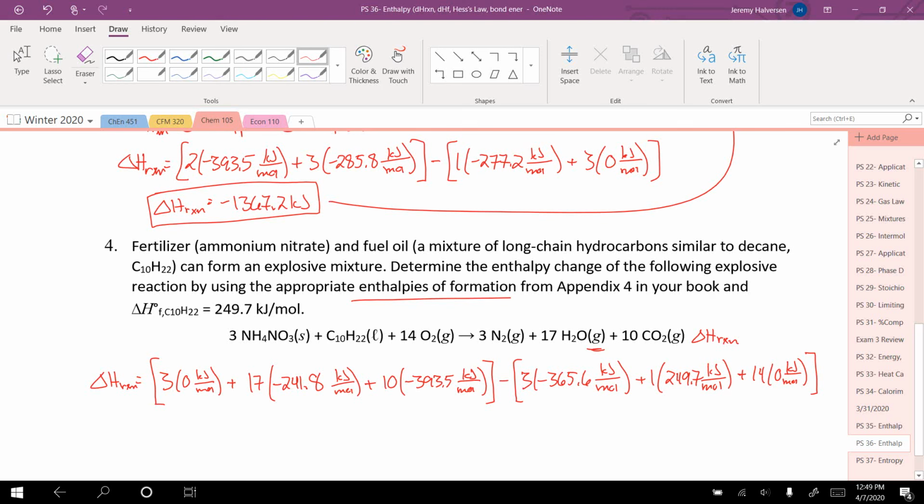Okay. There it is. There, we got it. I just typed it in my calculator wrong.